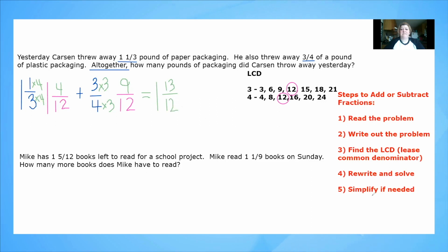Step number 5 is to simplify if we need to. We know that we need to simplify this problem because it is an improper fraction. Our numerator is larger than our denominator. So I have to think about how many pieces made up my whole. We said 12 pieces made up a whole. If I had 12 out of 12 of them, then I had one whole.